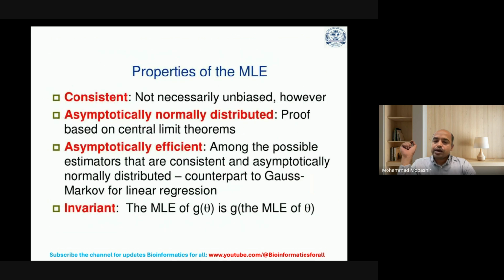Its main features are that it is consistent, asymptotically normally distributed, asymptotically efficient and invariant.